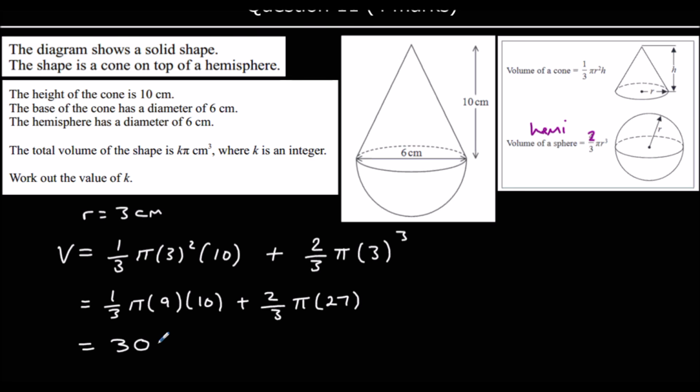So we've got 30 pi plus 2/3 of 27. 1/3 of 27 is 9. 2/3 must be 18. So we've got 30 pi and 18 pi, which is 48 pi centimeters cubed. So k is 48.